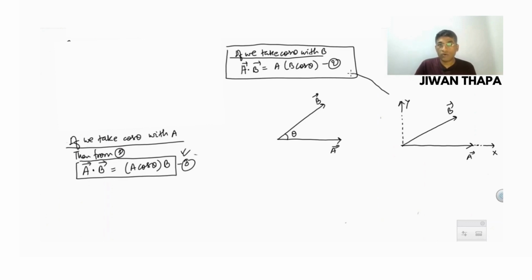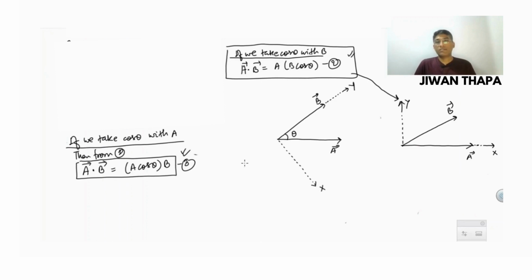So this was for this case. Now we rotate the coordinate axis in such a way that vector B is along y and we have x in this way.